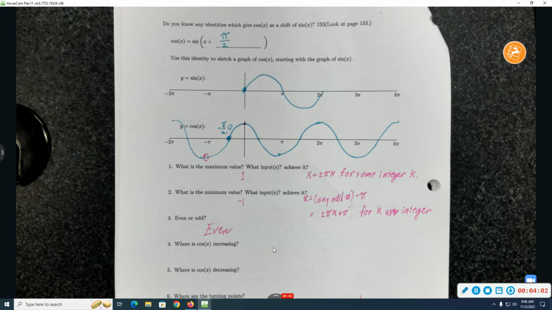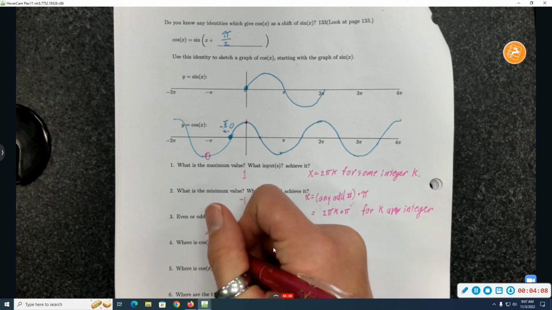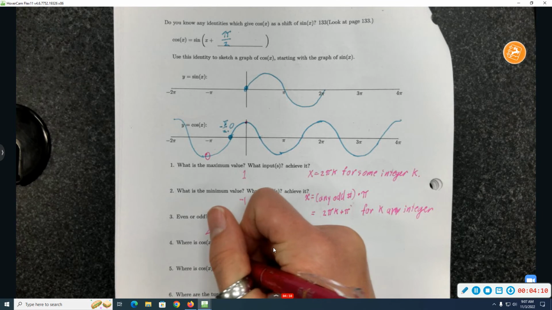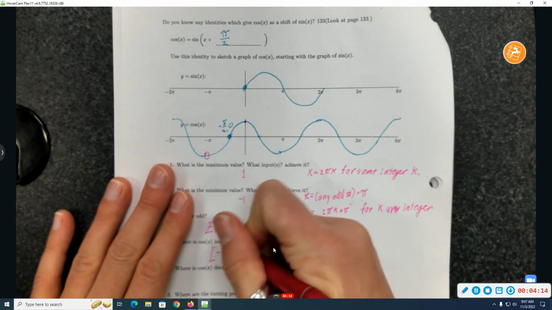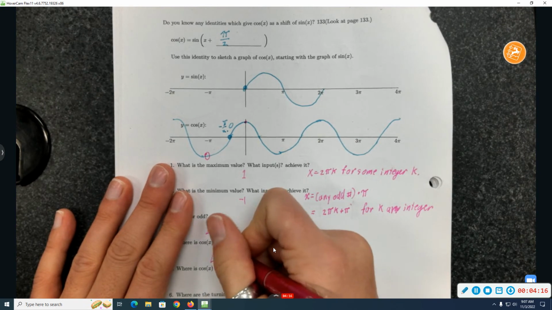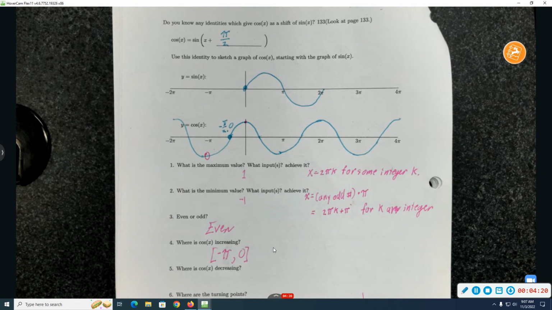From -pi to 0, it is increasing. Well, -pi to 0, I'm not going to divide by 0. -pi to 0, it is increasing. Okay, cool. What's something else you can tell me about monotonicity? Either increasing or decreasing.